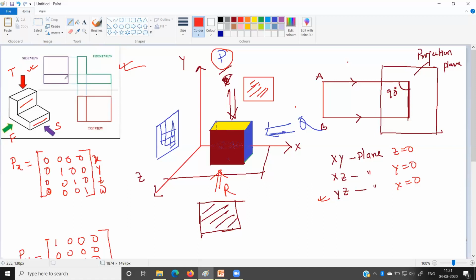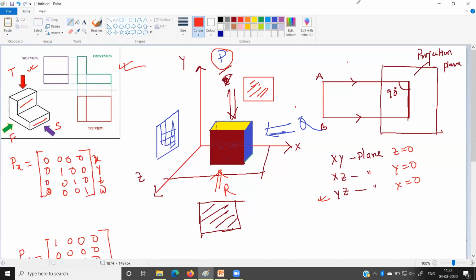This classification of the orthographic projection is based on the direction from which we are viewing the object, and based on the viewing direction, the projected image will be created on the projection plane. Okay, so that is all about the orthographic projection.